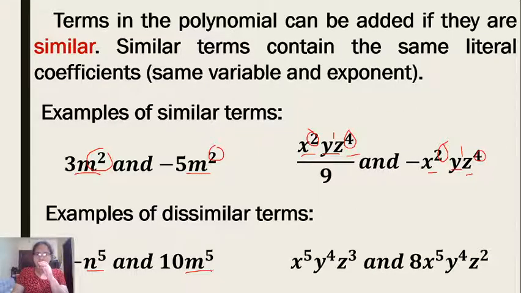And x to the fifth, y to the fourth, z to the third, and 8x to the fifth, y to the fourth, z squared, because even if they have the same variables x, y, z, they do not have the same exponents. They differ in the exponent on z.